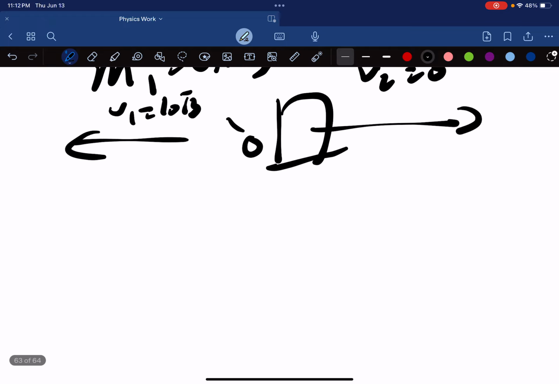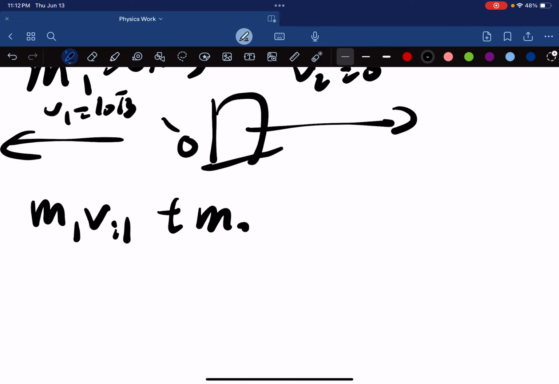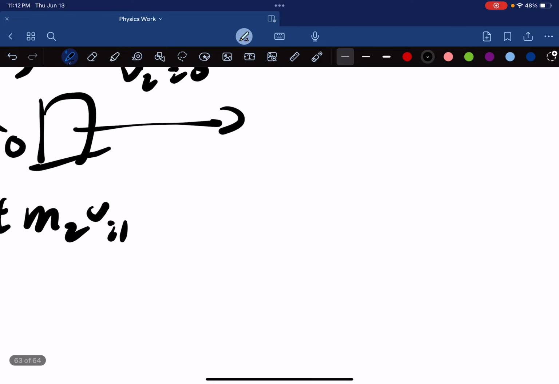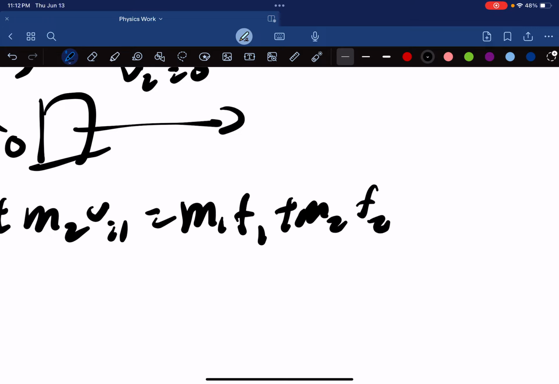Now, you want to use the collision formula, which is this: m1 v1 plus m2 v2 equals m1 vf1 plus m2 vf2.